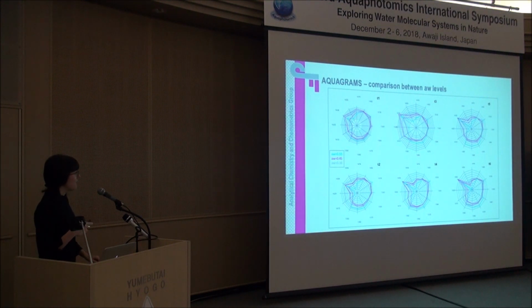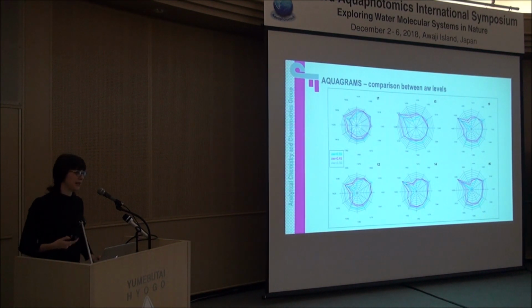But the very nice fact is that the intermediate level of water activity is the pink one, and you can see that along the time the same shape is arising. In T4 we have the shape that we underlined for the blue line here arise also for the pink line. And at the end of the storage, also the gray line, that was the one with the lower activity level, has the same pattern.